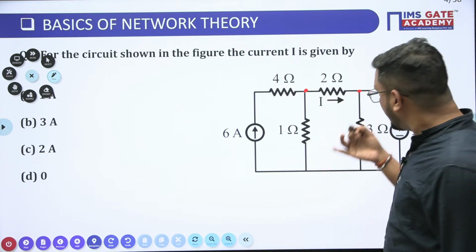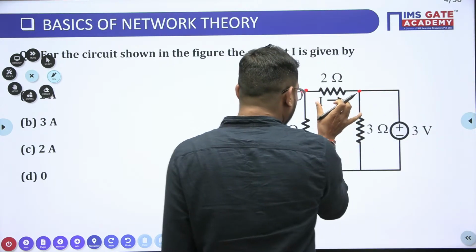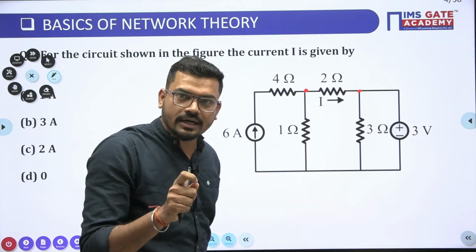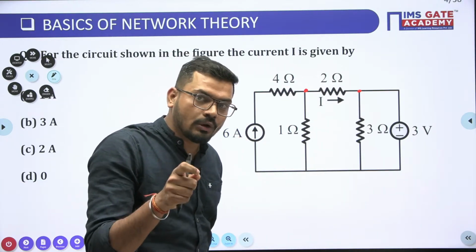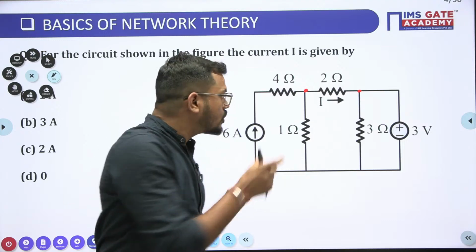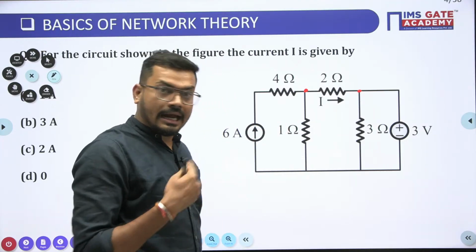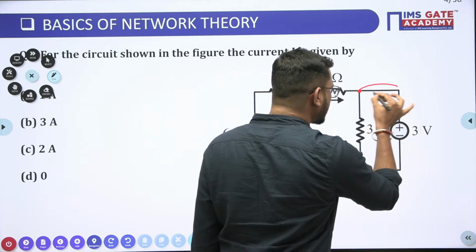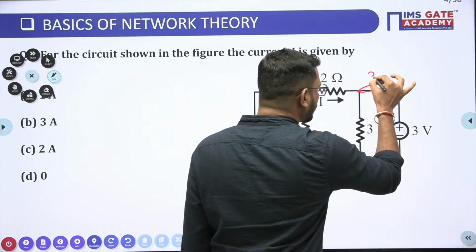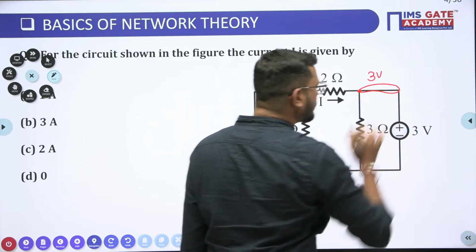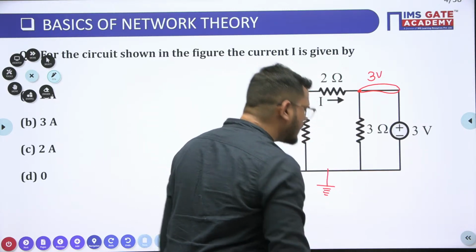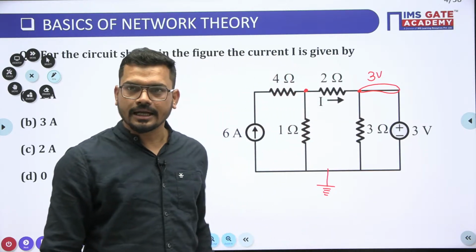So just we have to calculate the voltage across the 2 ohm resistance. And as you can see from here, this voltage is nothing but the voltage of this node terminal, because I am taking this as a reference, guys. Is it clear now?